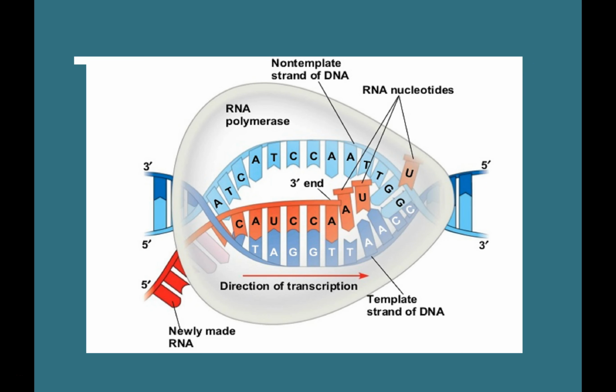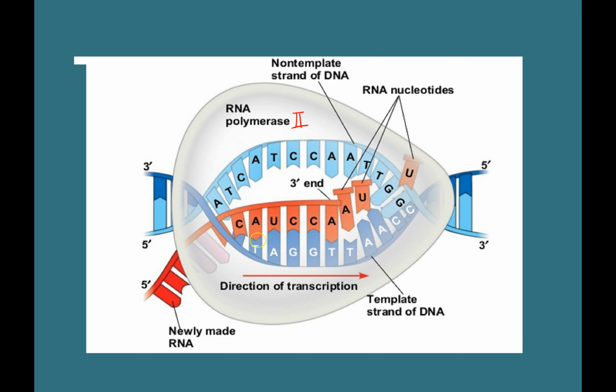So if you take a look at this picture, this bubble-shaped teardrop thing is your RNA polymerase II. And it does multiple jobs all at once. It's going to take the DNA, separate it for a second, and then call in the complementary base.